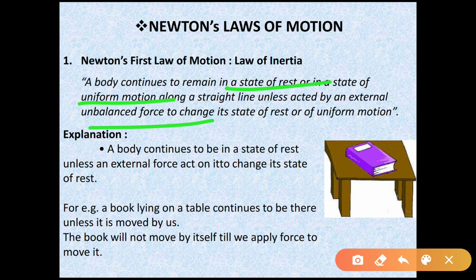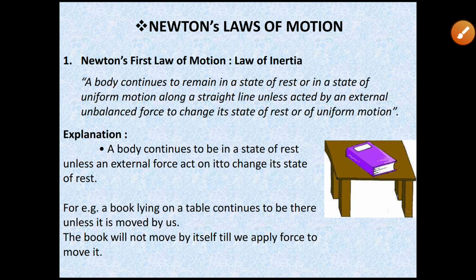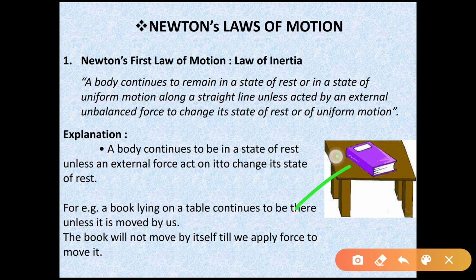So, let us try to understand what is given. Newton is saying that if the body is at rest, suppose here there is a book, and the book is at rest. Now suppose no one is going to touch the book, then the book will remain as it is at that place at rest. But if someone tries to push this book, then the book will move.